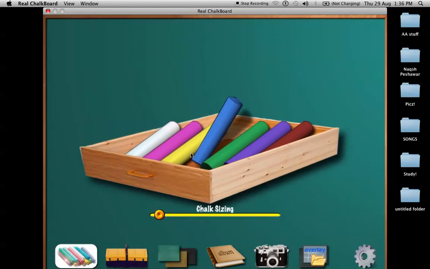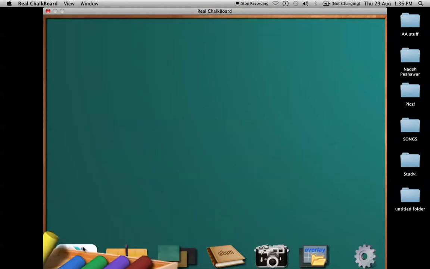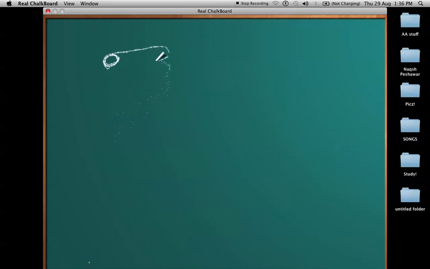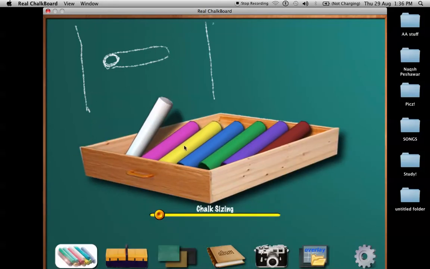Let's take a case here. Let me just change the color. Let's say this is a door, and this is a doorknob. Let's say I'm trying to open this door.